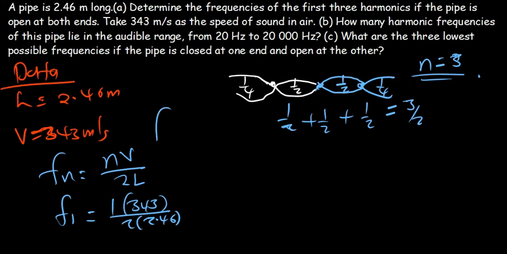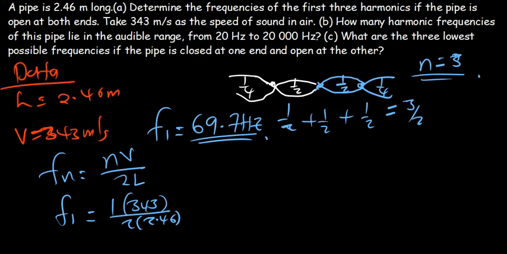So the first frequency will be 343 divided by (2 times 2.46). I'll get 69.7 hertz.